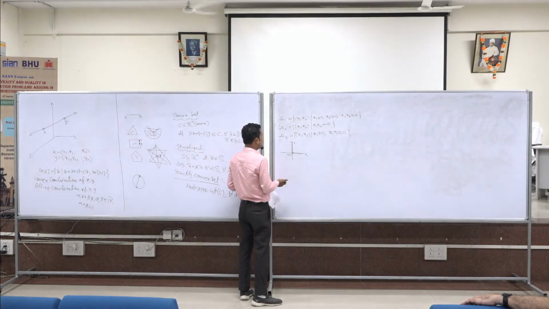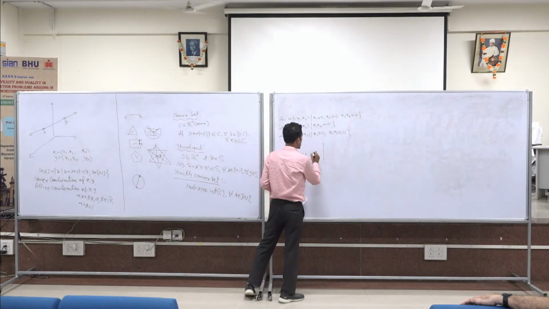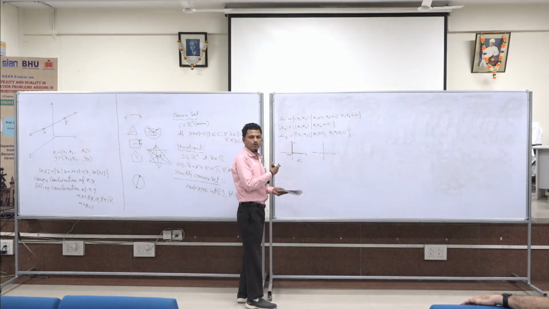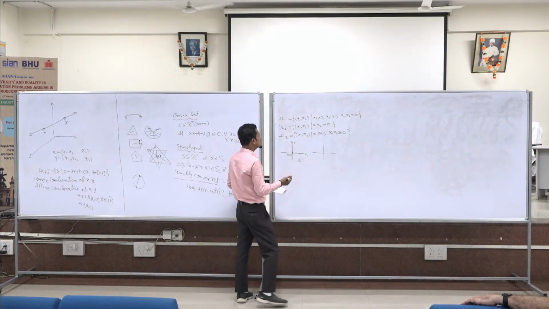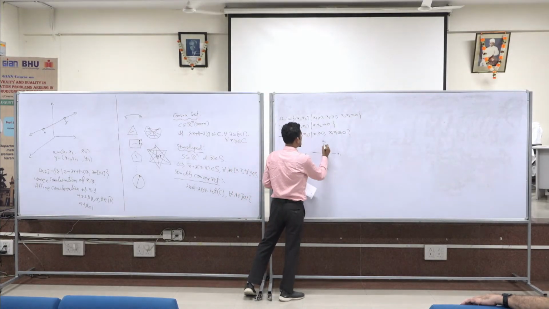Now this is omega 1. What about omega 2? Here we have x1 x2 equal to 0. So either x1 is equal to 0 or x2 is equal to 0. So we have this region.